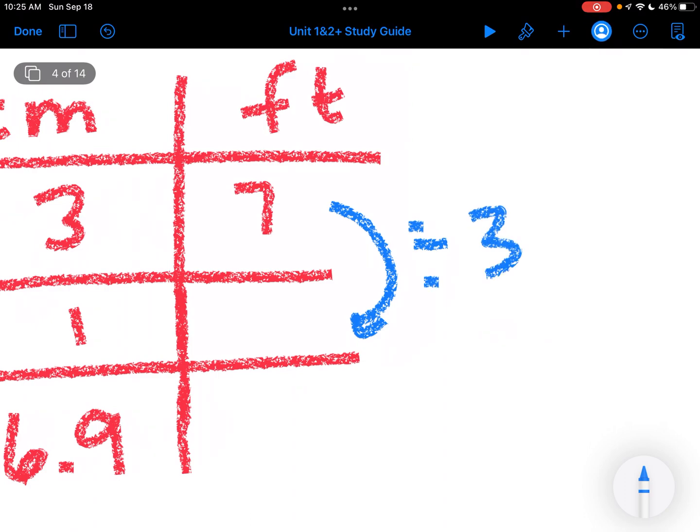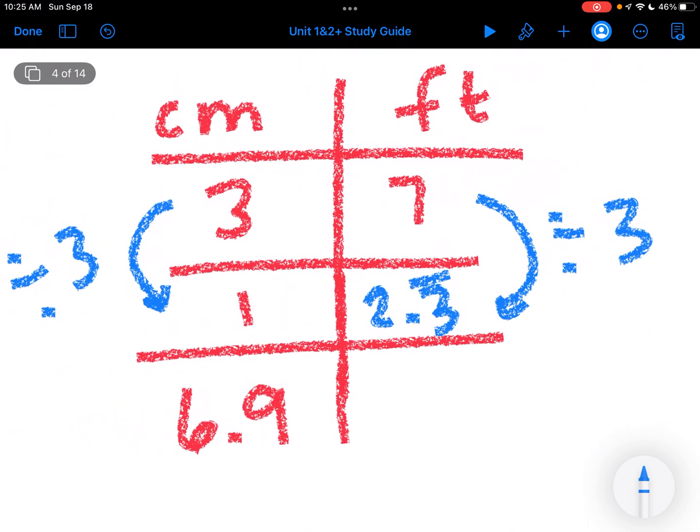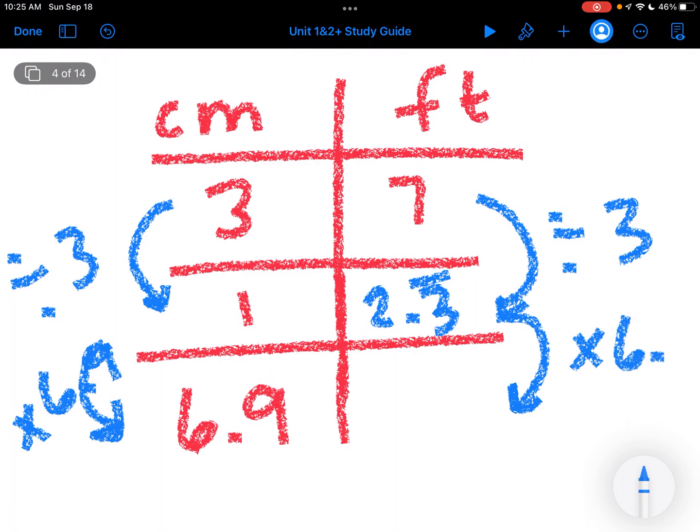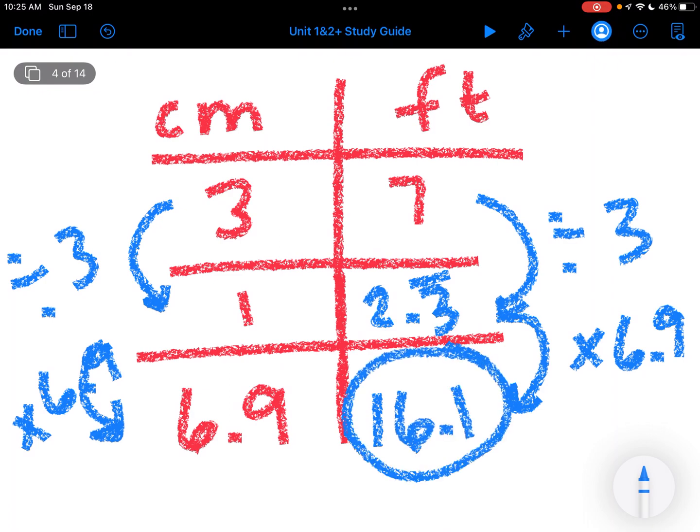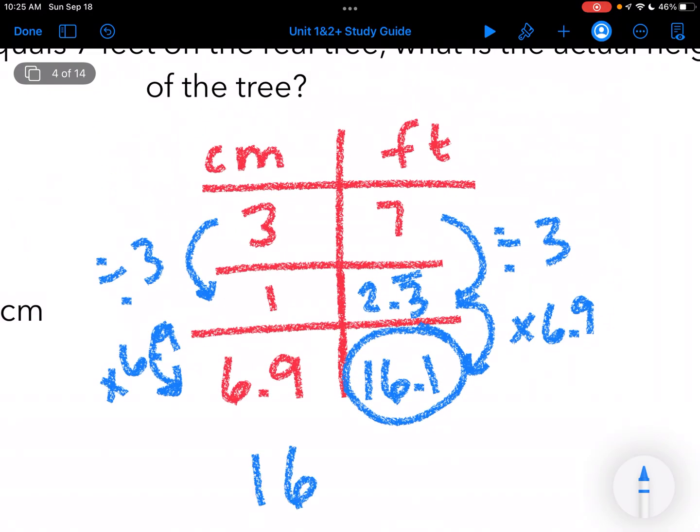Now I'm going to get a number that's going to keep going on and on. So 7 divided by 3, I get 2.3 repeating. So I'm just going to leave that in my calculator. And then I'm going to multiply by 6.9. And I get 16.1 feet. So my answer would be 16.1 feet.